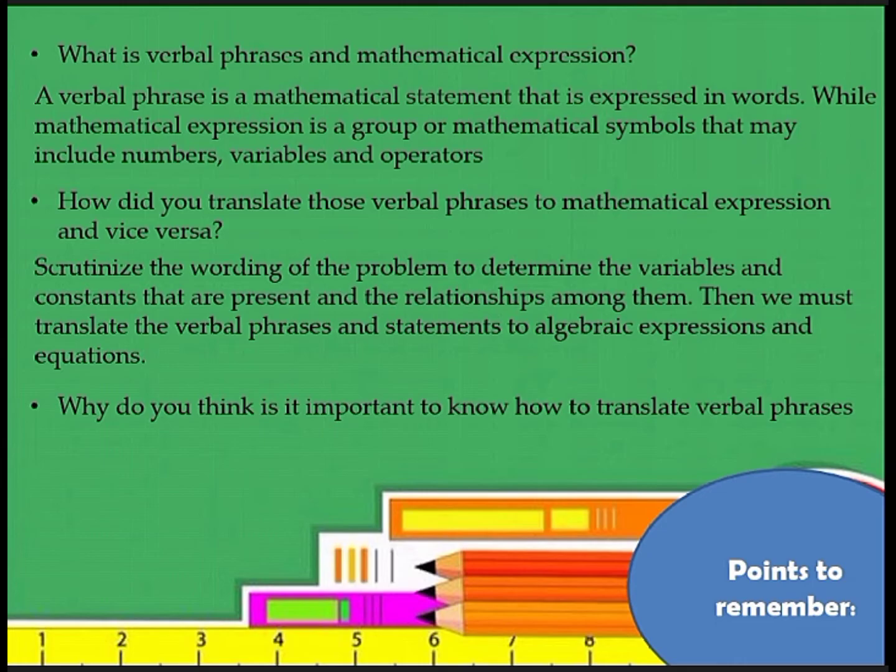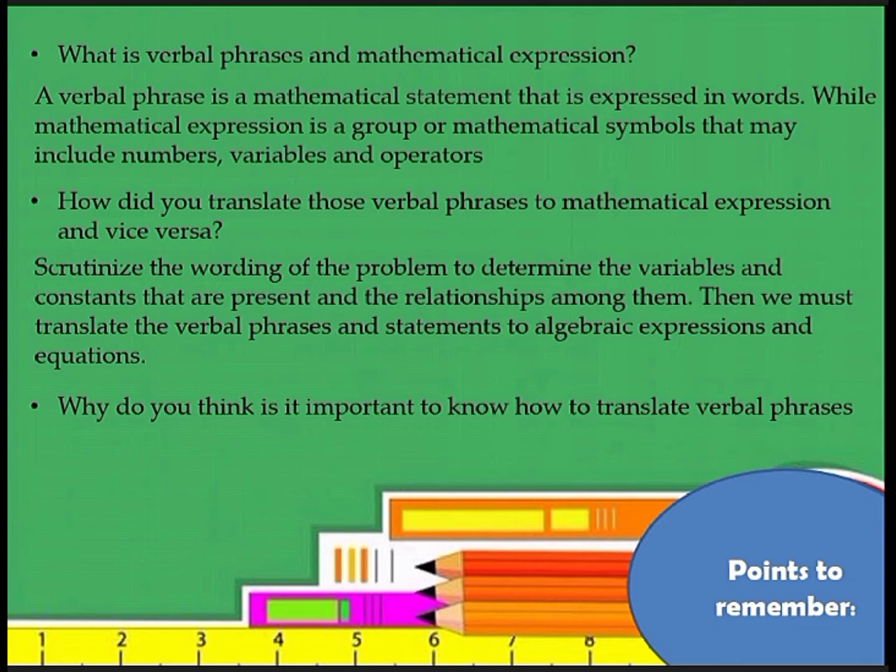So, like Mikaela said, before we translate, we need to scrutinize, or break down, the given word by word or symbol by symbol so that it will be easier to translate. And with the help of our mathematical symbols, it is easier to translate. Are we clear with that, class?